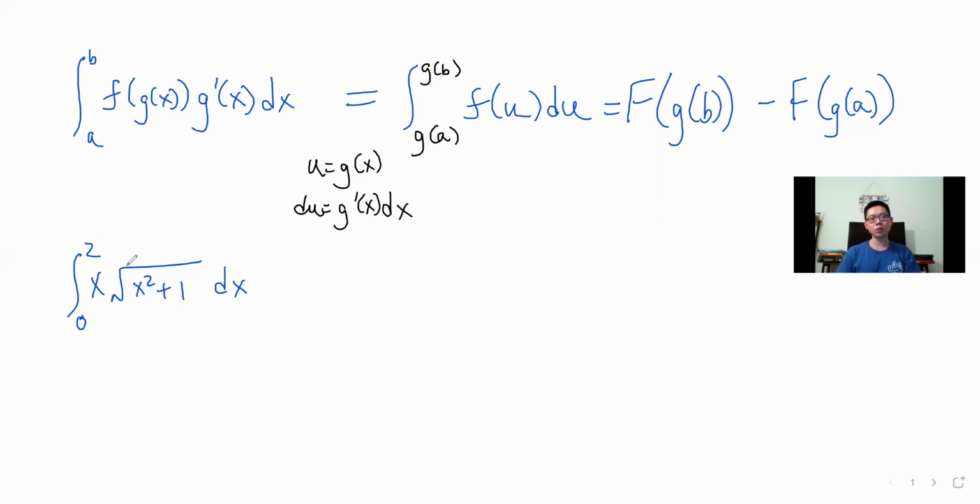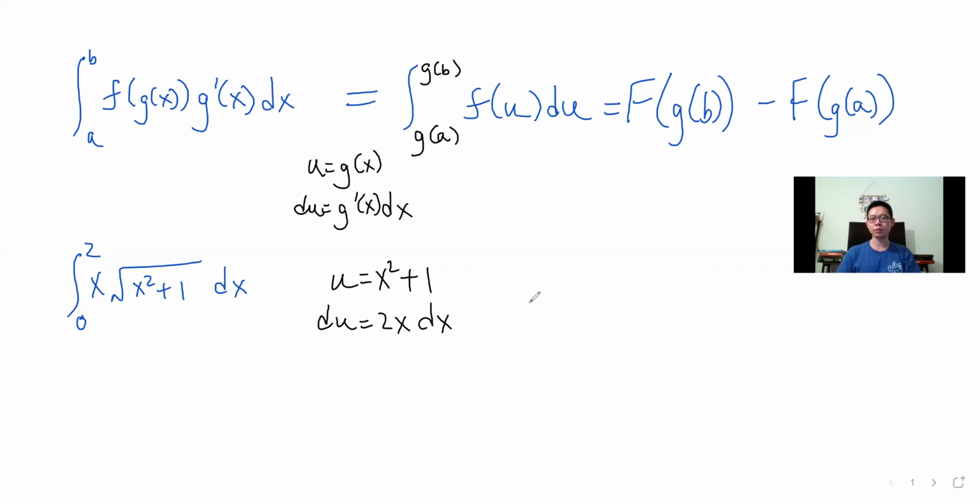Okay, so in this example, we have a composite function, square root of x squared plus 1. So we try let u be x squared plus 1. du is 2x dx, and that matches with what we have in front, with the extra 2.